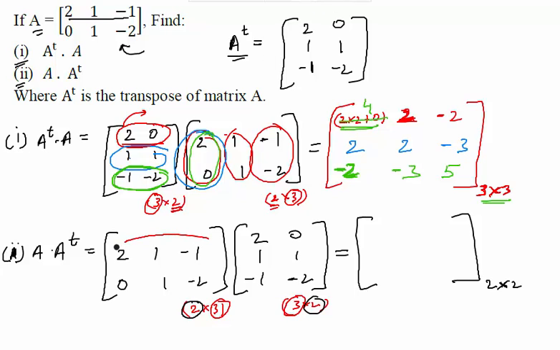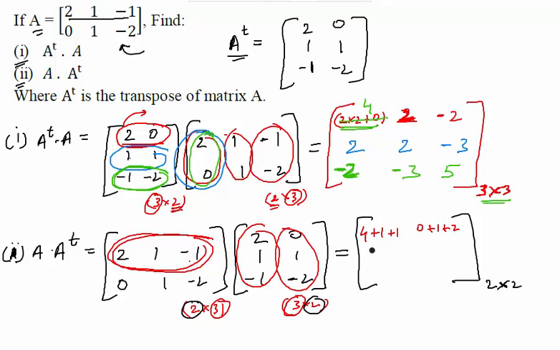Let us take the first row and multiply it with the first column, and after multiplying the corresponding elements we need to add the results. So 2 multiplied by 2 is 4, 1 multiplied by 1 is 1, minus 1 multiplied by minus 1 is again 1, right? Let us take the first row but second column. This time 2 is multiplied with 0, 1 is multiplied with 1, plus 1, and minus 1 is multiplied with minus 2, which is again plus 2, right?